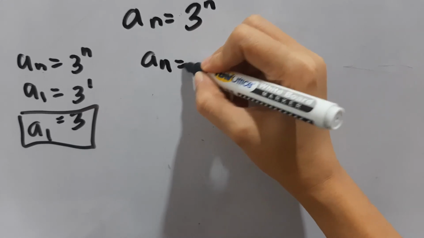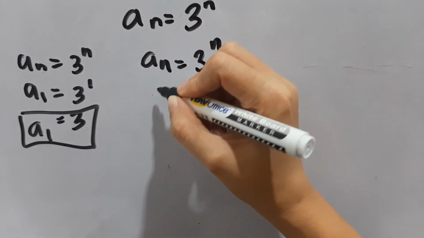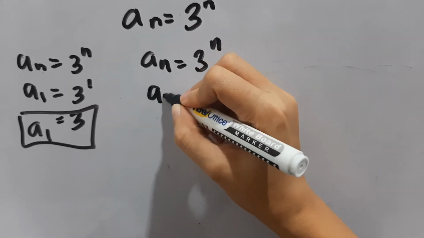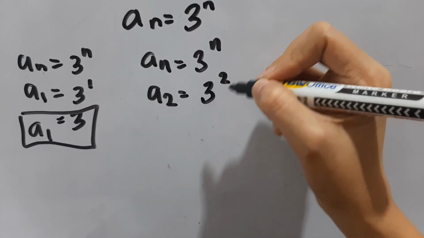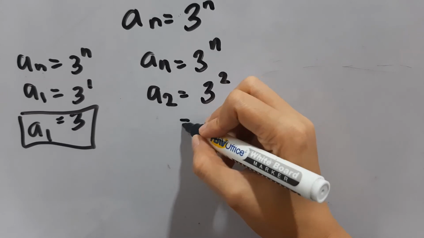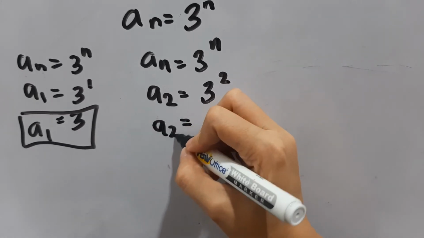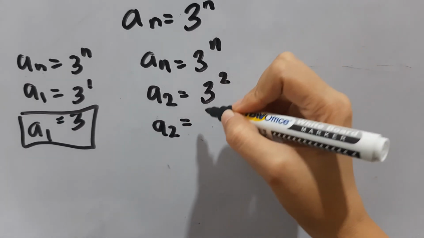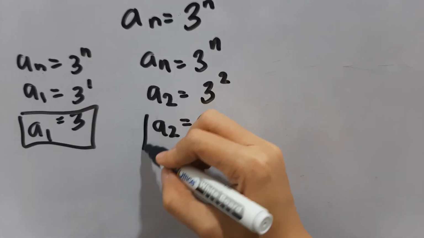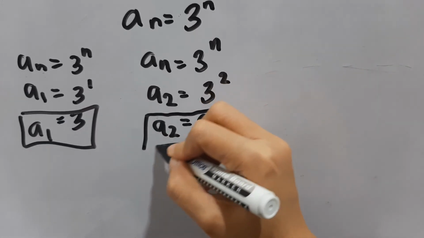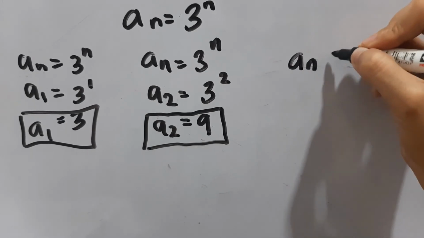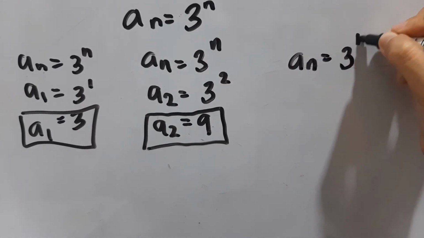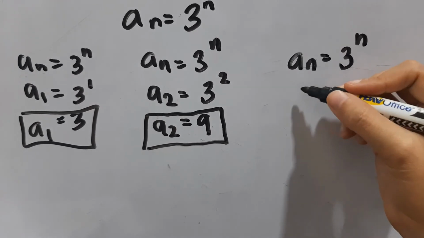Okay, next, let's proceed to the second term. Copy the original formula. So, a sub 2 is equal to 3 raised to 2. And 3 raised to 2 is 3 times 3. So, that's 9. Okay, next, let's proceed to the third term. Copy the original formula.